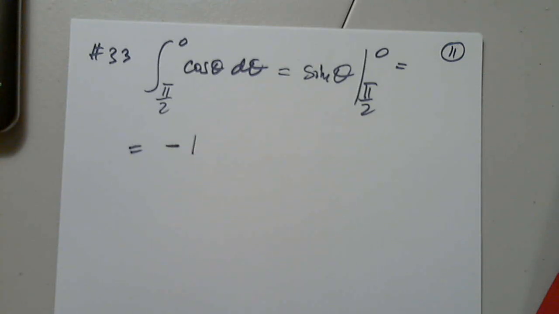Then we have cosine x, close the parenthesis, don't forget, and then the dx. And when I click enter, I have to get negative 1. Good. Let's move on to other examples.